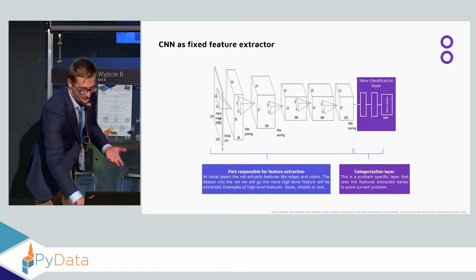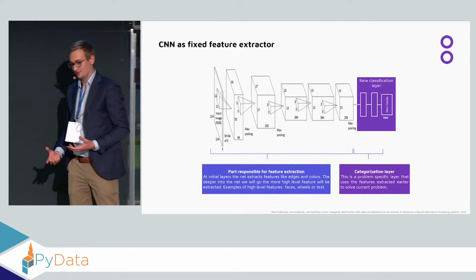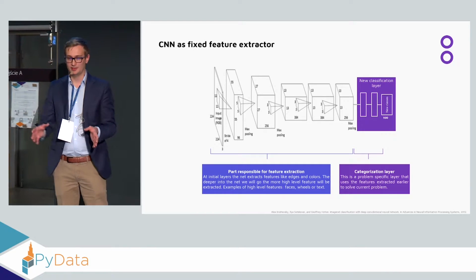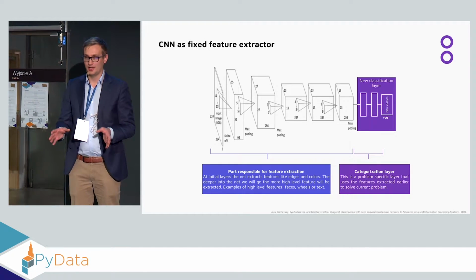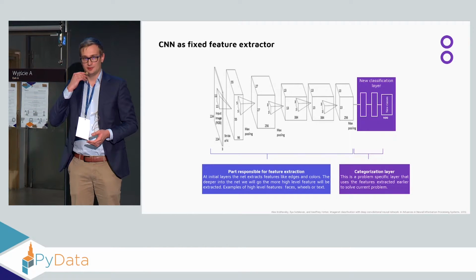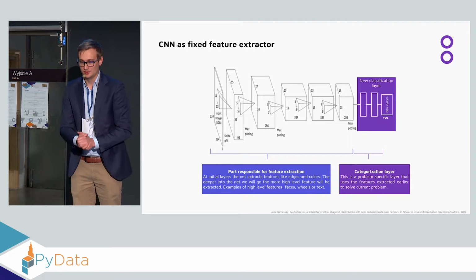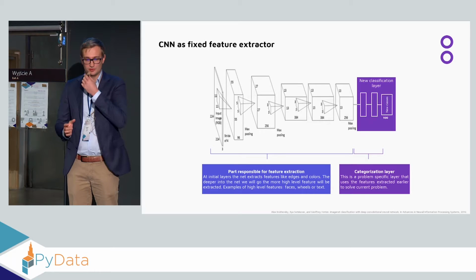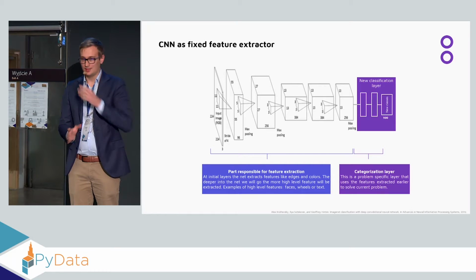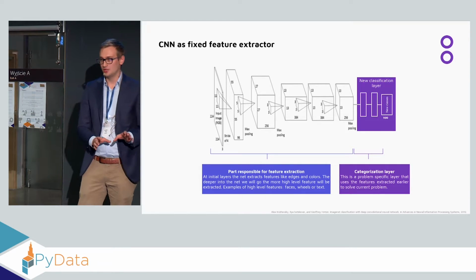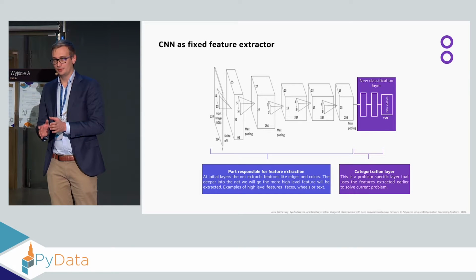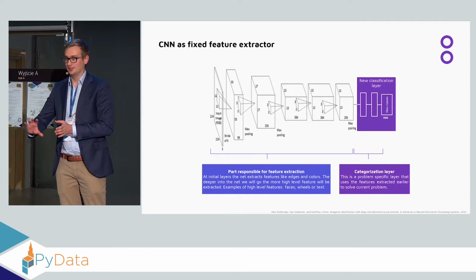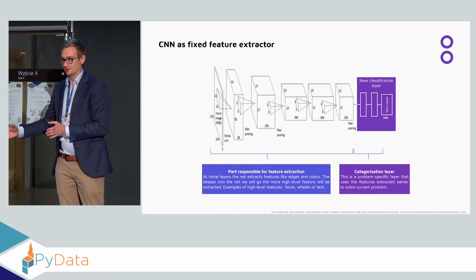Okay, so now the first way we can apply transfer learning. We could use this architecture and the weights trained, for example, on ImageNet. It's one of the common data sets used in computer vision. And we could use those features as they are, without changing anything, and simply train only the problem-specific layers.